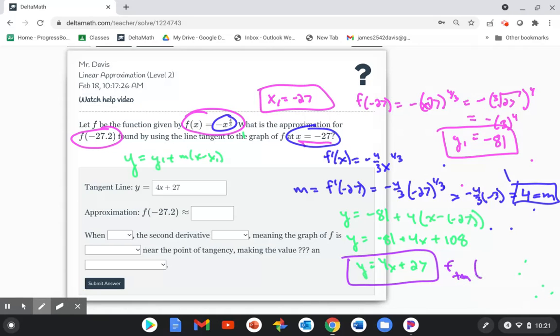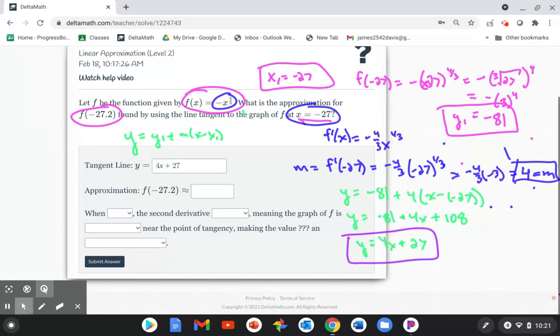So the tangent function at negative 27.2 will then just be 4 times negative 27.2 plus 27. Sorry, I kind of lost that. Let me try rewriting that below it. My computer's running a little slow too. I'm recording this video at home, so.